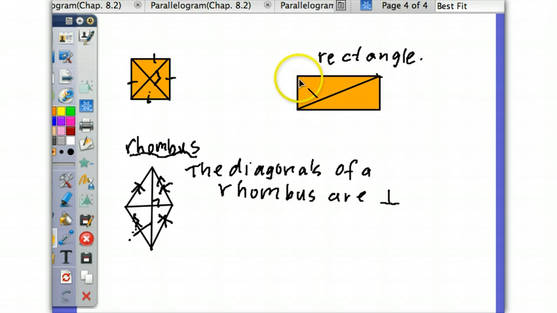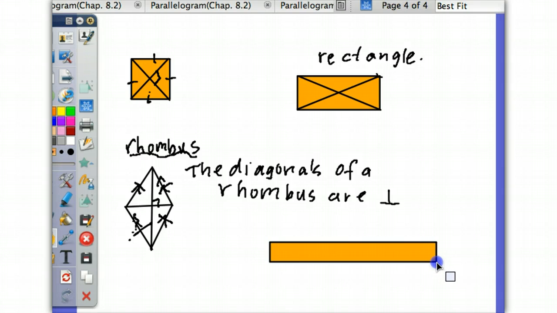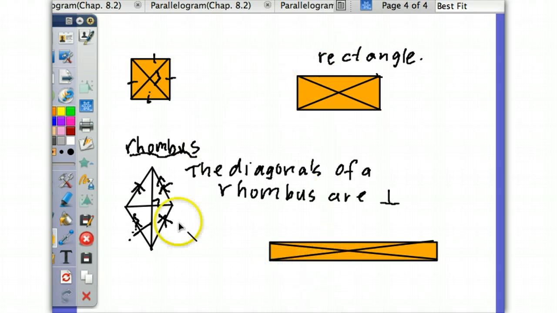Do you think these diagonals would be necessarily perpendicular? Well, maybe you can't see it like that, but let me give you an extreme case. Let's say we have a pretty skinny rectangle like that, and let's take a diagonal like that, and one like that. You think those would be perpendicular? No. It's only when you've got a rhombus or a square that the diagonals are perpendicular.